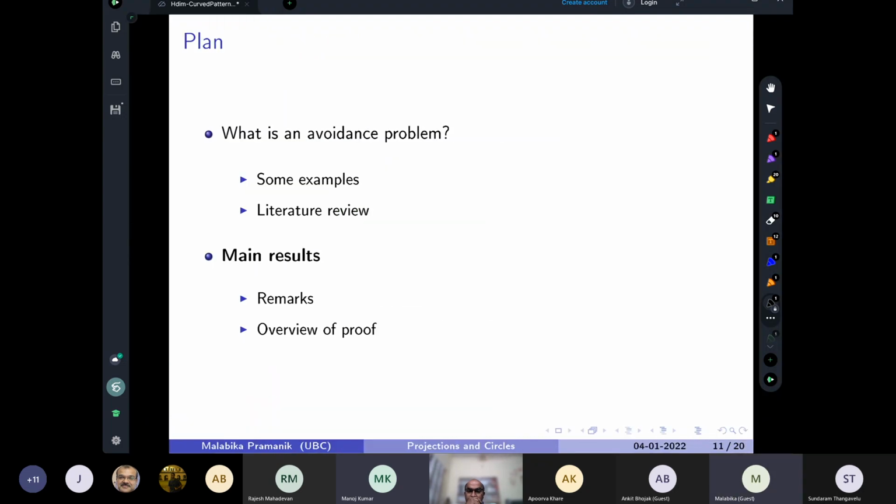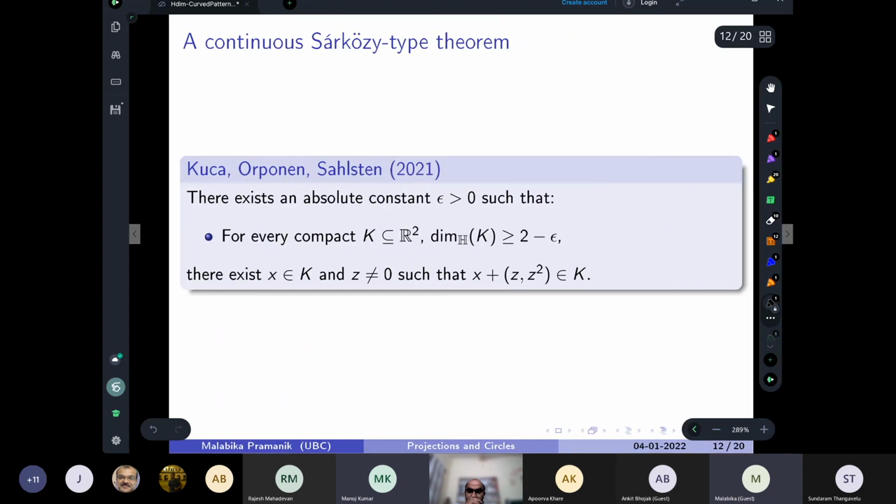Okay, so this brings me to the main results of this talk. In 2021, Kuca, Orponen and Sahlsten proved the following theorem, the continuum version of a Sarkozy type theorem. So what they prove is the following.